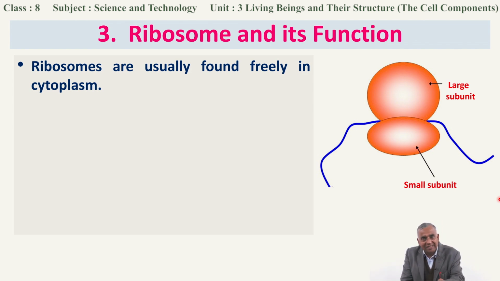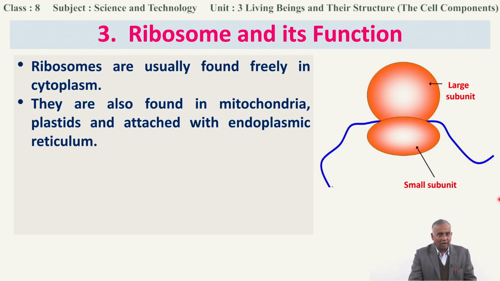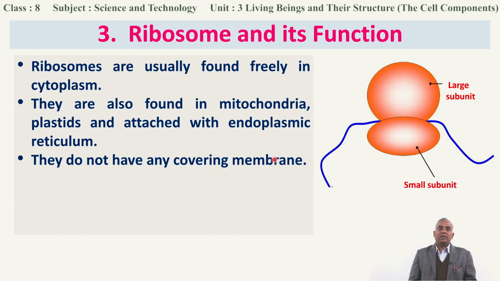It is found inside other structures also, like mitochondria. So it may be found at other places also, but mainly they are concentrated in cytoplasm, and sometimes on endoplasmic reticulum. Mitochondria, plastid, already you have finished. They do not have any covering membrane. I told you. So without covering, ribosome, remember it, unique.